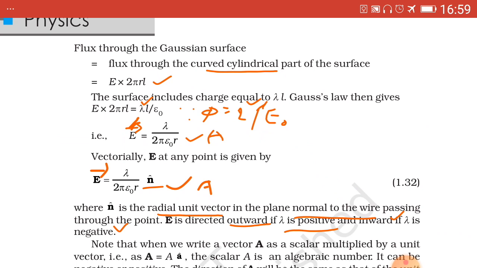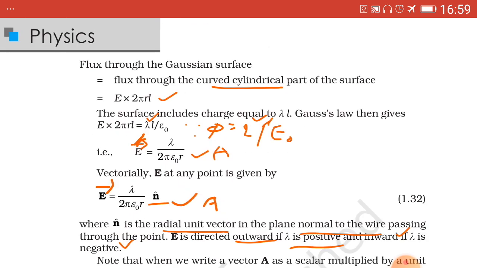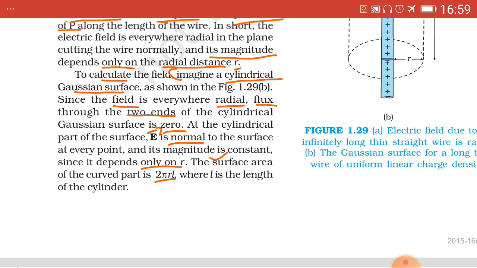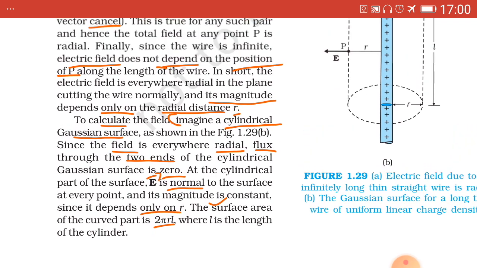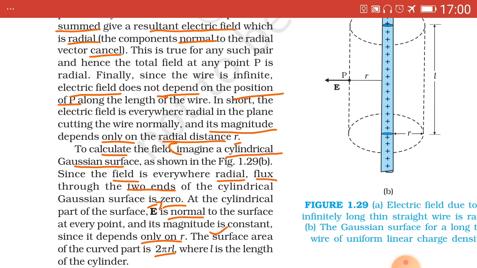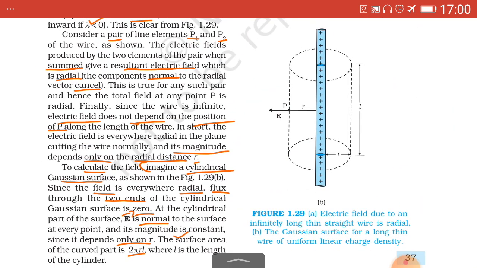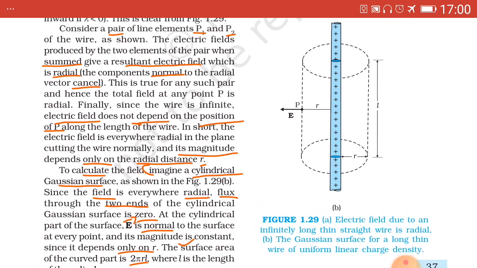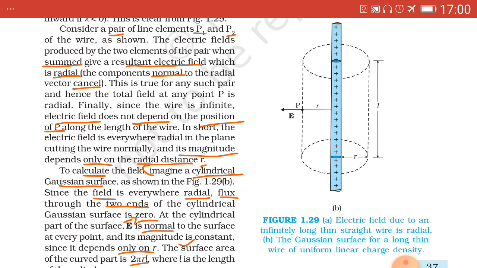Now as this magnitude is constant, it depends only on r.